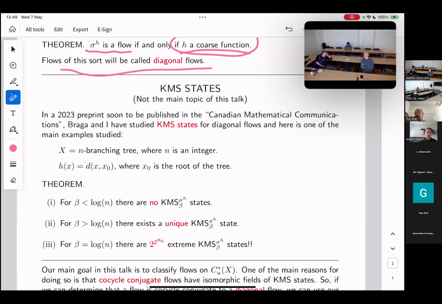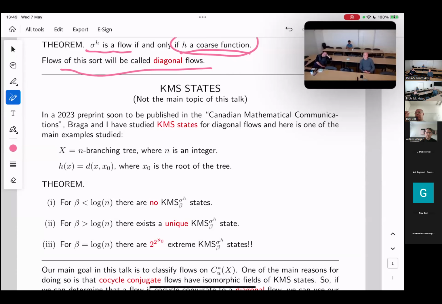But now, with this result that we just obtained, this study passes to general coarse flows, because we know that any coarse flow is cocycle equivalent to a diagonal flow.